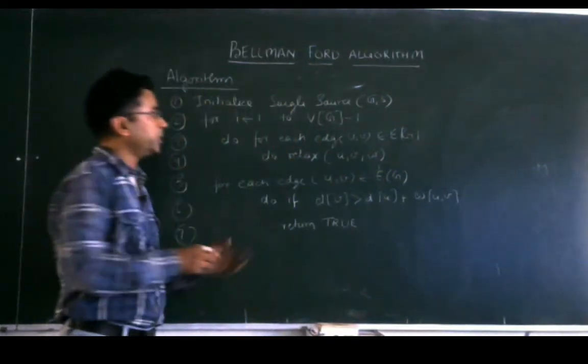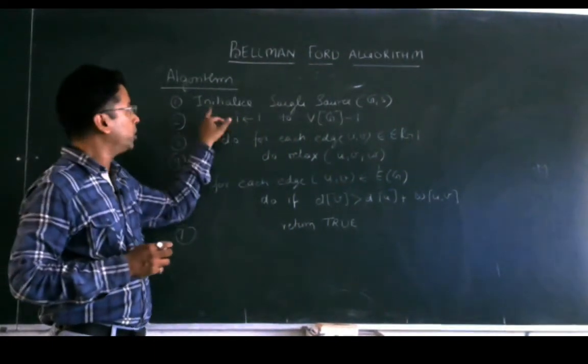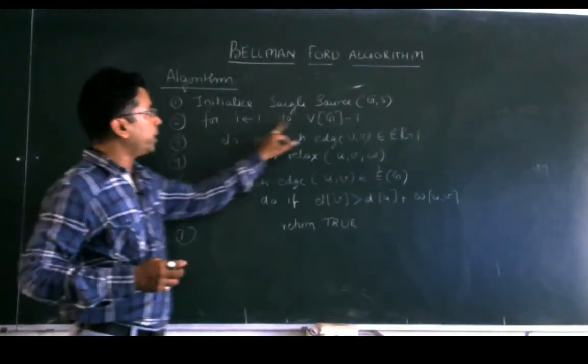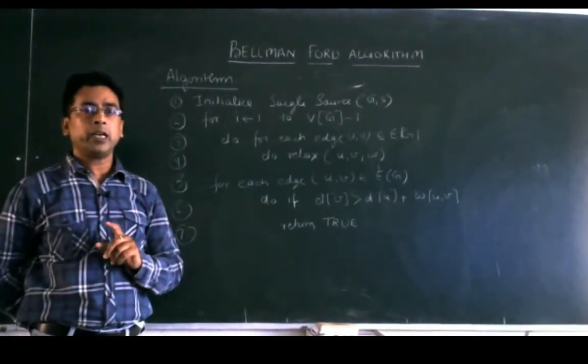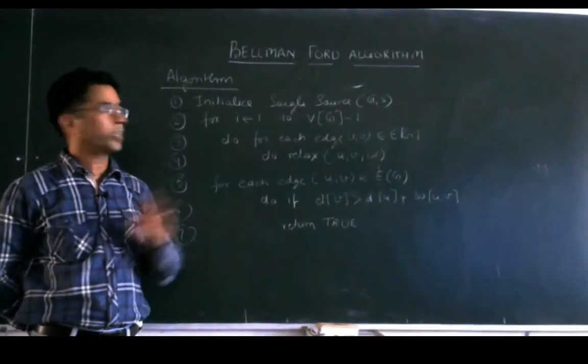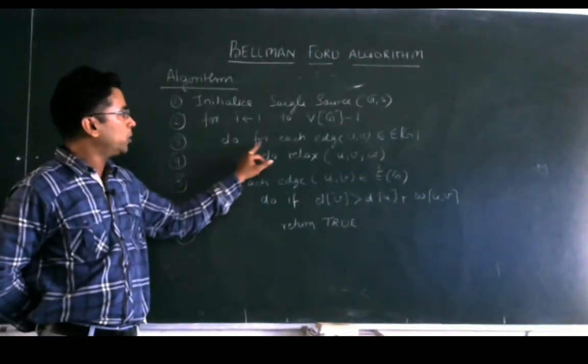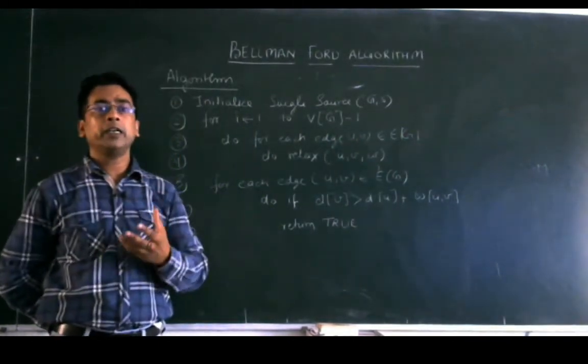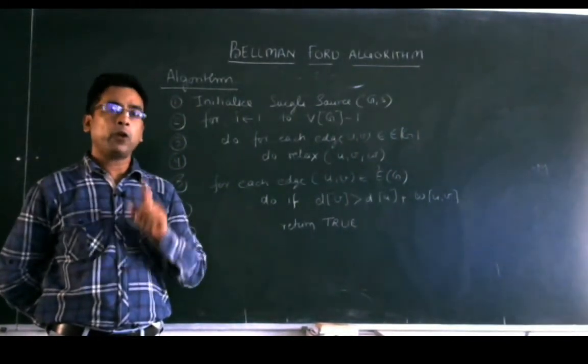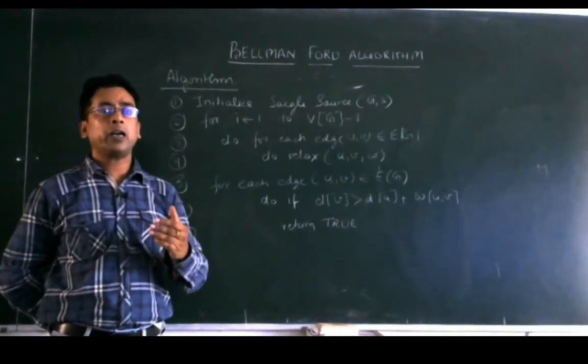Here I shall discuss the complexity also. Here what we are doing, we are considering for i equal to 1 to |V| minus 1. It means we are considering every vertex of the graph, and for every vertex, for each edge with which it is associated, we are running this procedure.